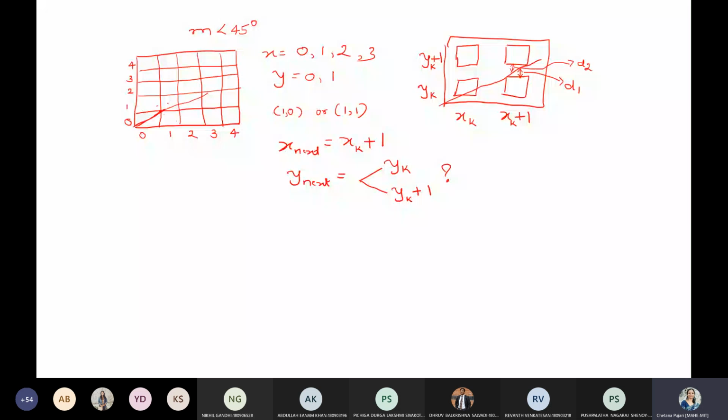Are you able to understand why we are learning this algorithm? Yes, ma'am. Okay, is it clear till here? Yes, ma'am. Because we have a derivation today, make sure you are attentive.